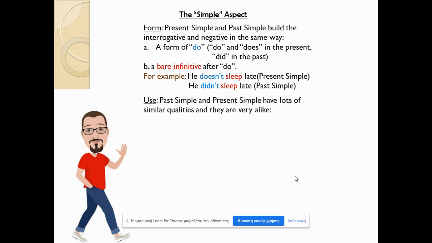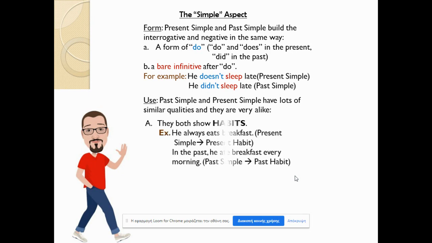Now, use. Past simple and present simple have lots of similar qualities, and they are very alike. For example, they both show habits. He always eats breakfast. That's a habit that this person has. Every morning he eats breakfast. Or in the past, he ate breakfast every morning.